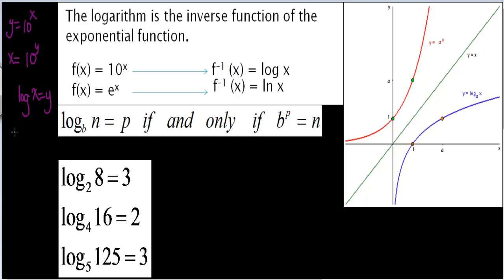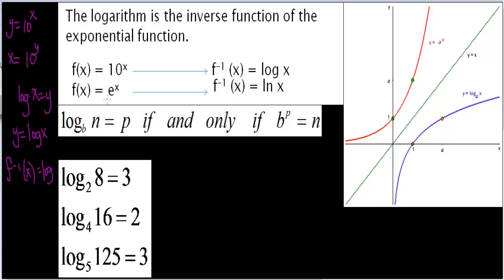And there you solved for y, and we always write our variable to the left. So this would be my inverse function for 10 to the x. That's why when we say that the log is the inverse function of an exponential function, that's what it means. And the same goes with e to the x.